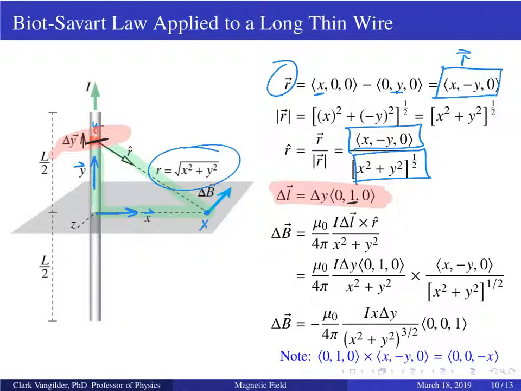So delta L gets to pile into here. Notice that we should write the original law, delta B would have been the mu naught per 4 pi, and then you'd have I delta L cross with the r pointer over r squared.